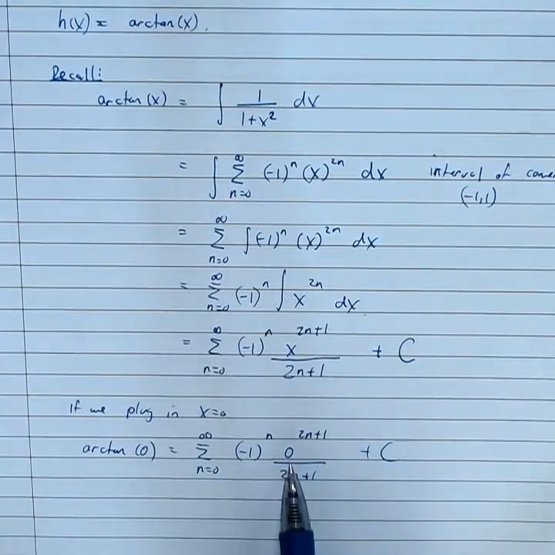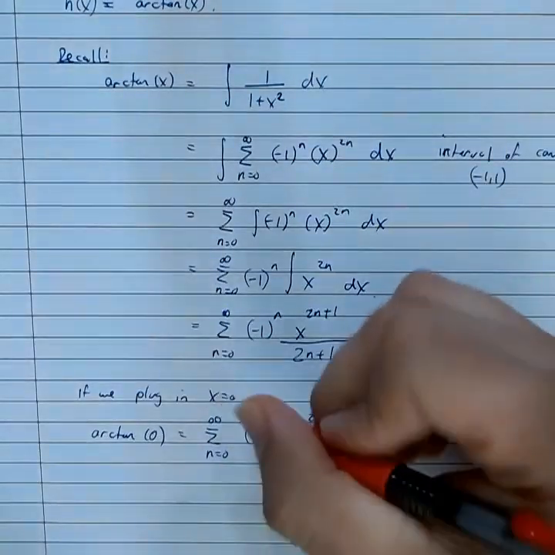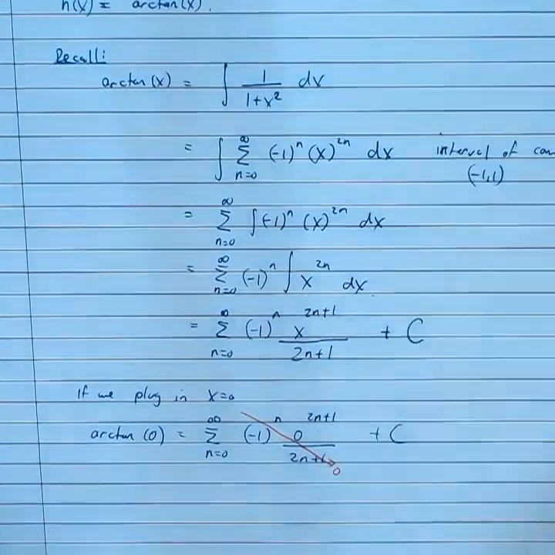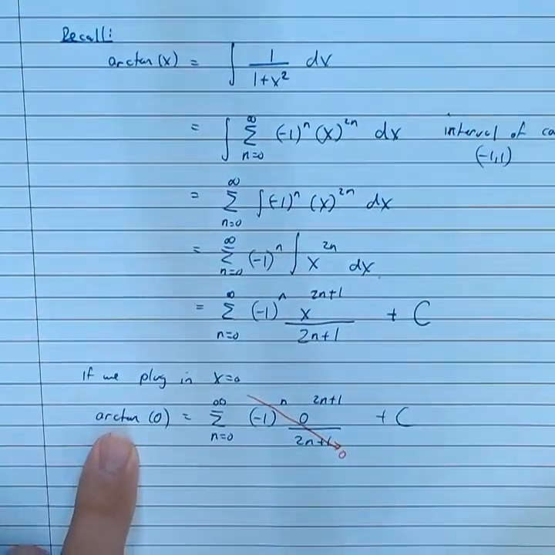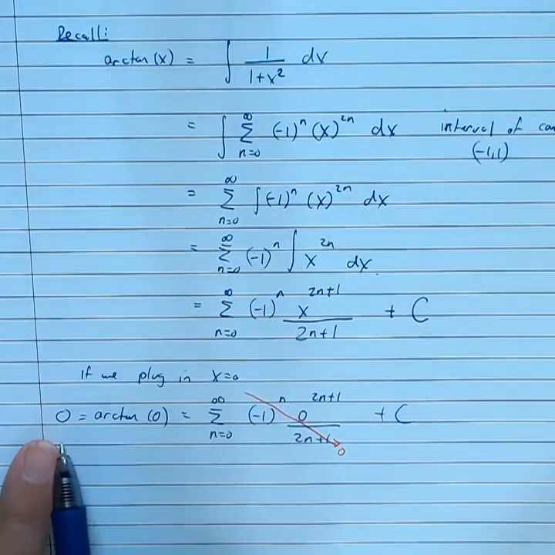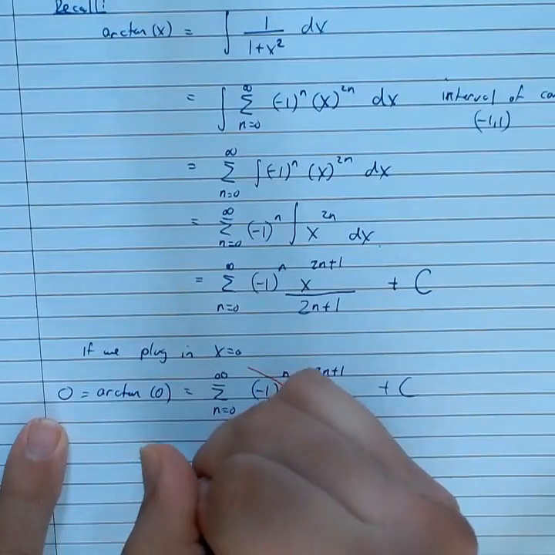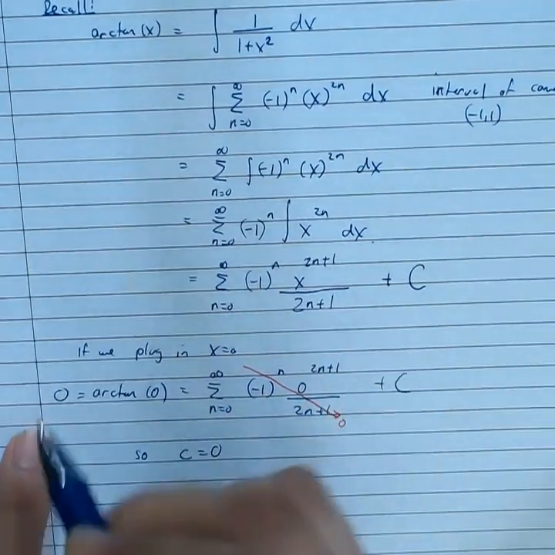But notice that's just 0 plus 0 plus 0 plus 0 plus 0 plus 0 forever. Oh, well, that's got to be 0. Okay, so that whole thing's got to be 0. And here, the arctangent of 0, we know that's 0 as well. So here, C must equal 0.